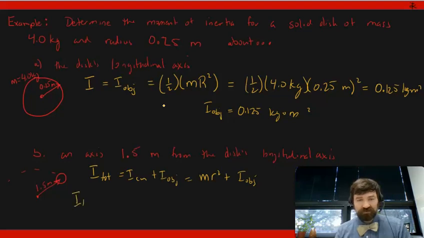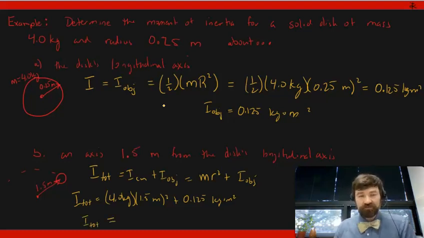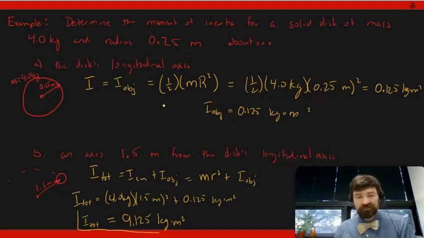So I total will now be 4 kilograms times 1.5 meters squared plus 0.125 kilogram meters squared. This gives us a total moment of inertia of 9.125 kilogram meters squared.